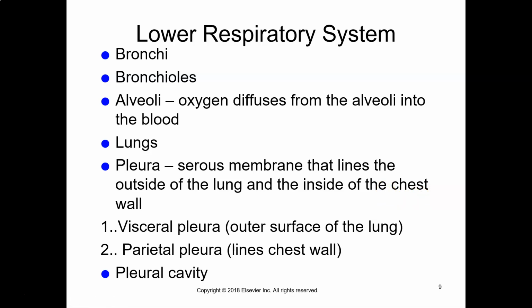It talks about pleural membranes, and that's the visceral and parietal pleura. You need to know this. The visceral is the outer surface of the lung, and the parietal pleura lines the chest wall. You need to find that in your textbook and understand where that is.